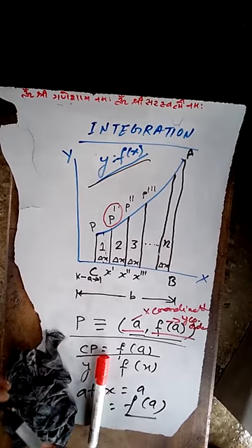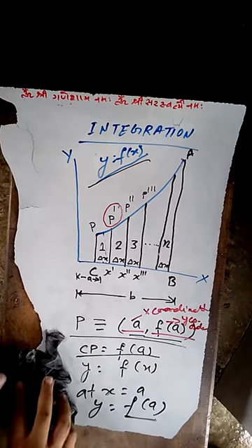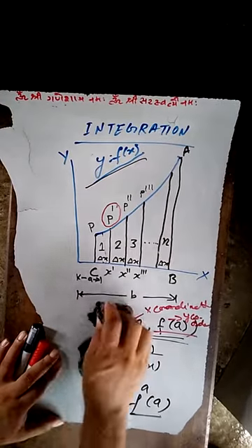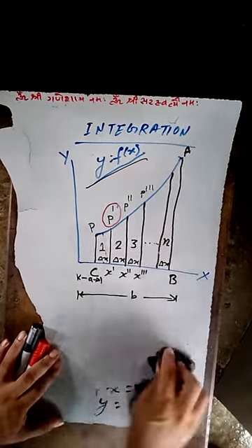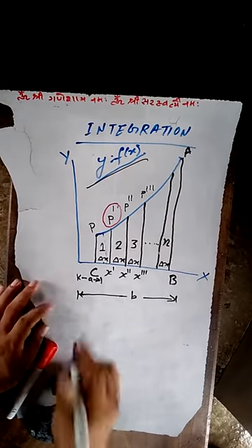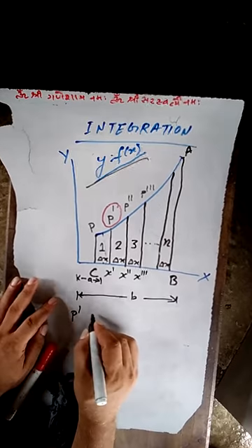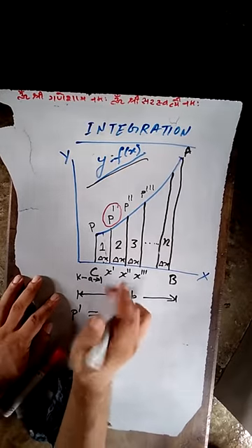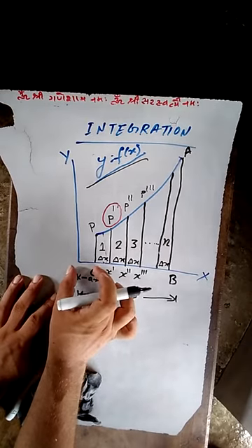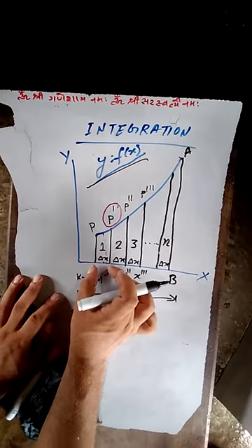Likewise, we can find the coordinates of different points. If you are asked to find the coordinate of p prime, what will be the coordinate? This distance will be the x coordinate, and up to here it is a, and this width is delta x.